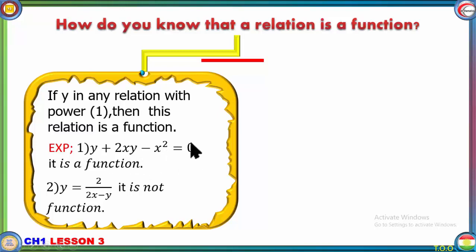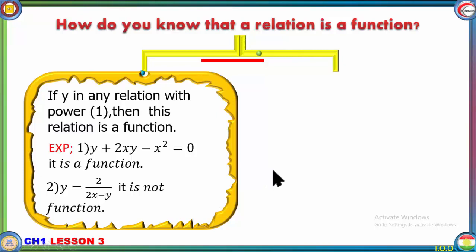This relation is a function because all the y's have power 1. But in the second example, y equals 2 over 2x minus y is not a function because we have y times y, so y is to the power 2.